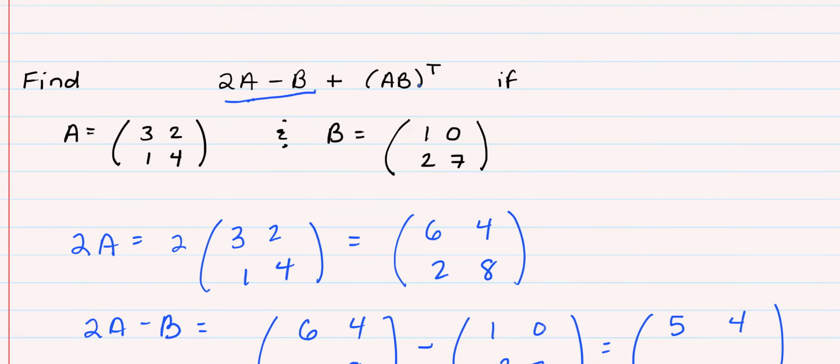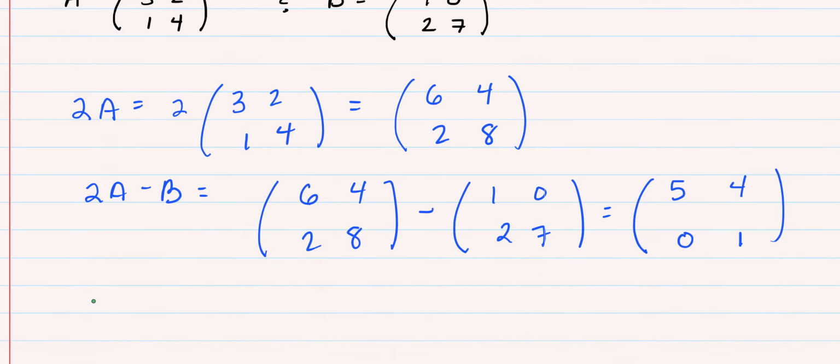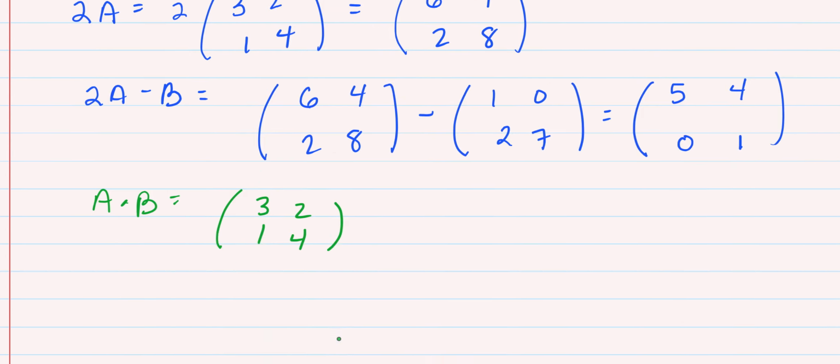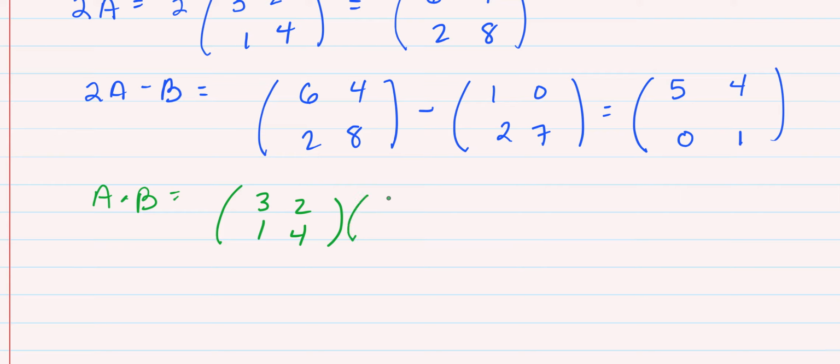Let's find A times B and then take the transpose of that. Okay, so first A times B, that is equal to 3, 2, 1, 4 times the matrix 1, 0, 2, 7. So maybe pause the video and see if you can multiply these matrices.